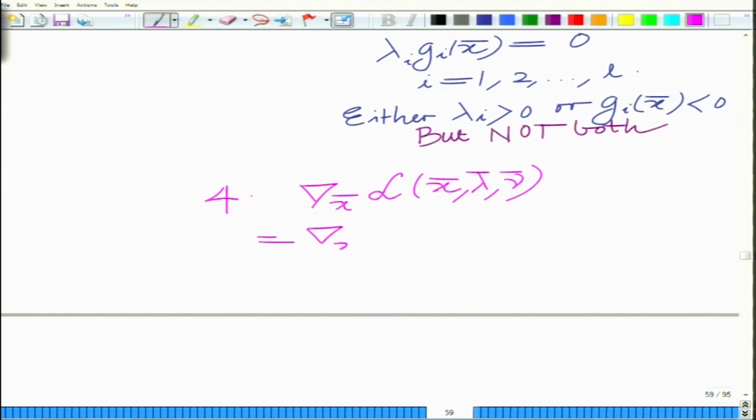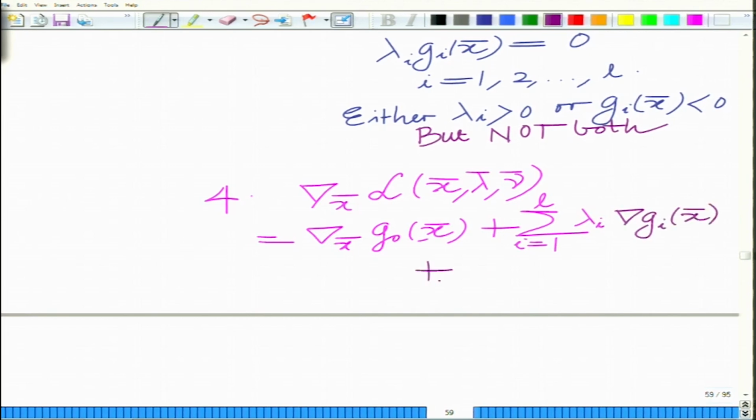That is, we must have the gradient with respect to x bar of G naught of x bar plus summation i equals 1 to L lambda i times the gradient with respect to x of G i of x bar plus summation j equals 1 to M nu j times the gradient with respect to x of G j tilde of x bar, this must be equal to 0.